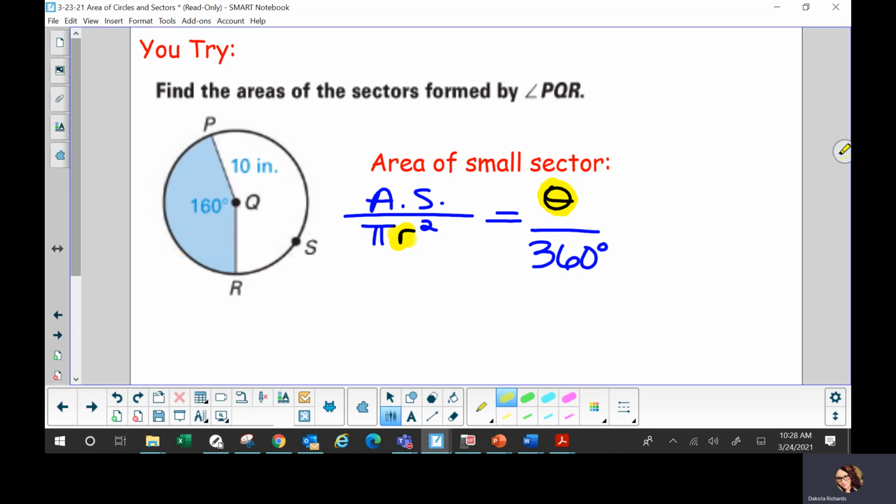What's 10 squared? What's 100 times 160? So it's going to be 16,000 pi on that side. Okay. Wait.